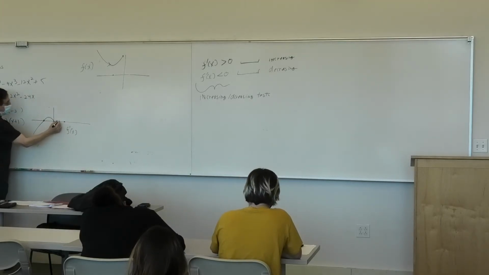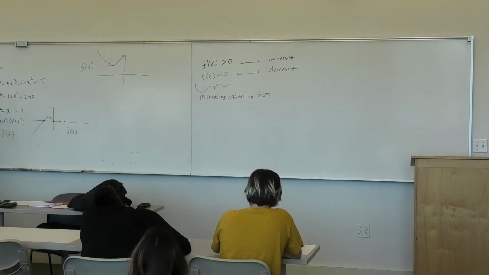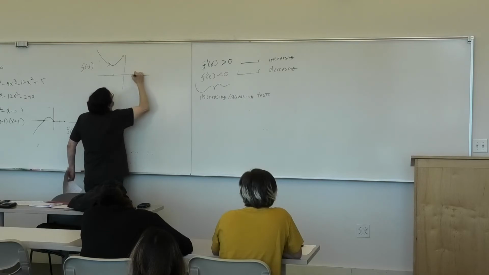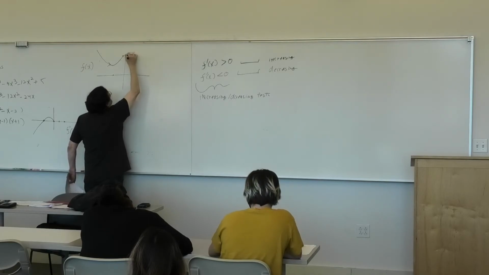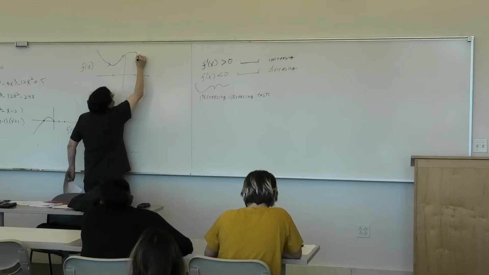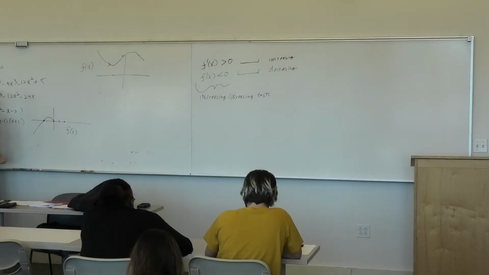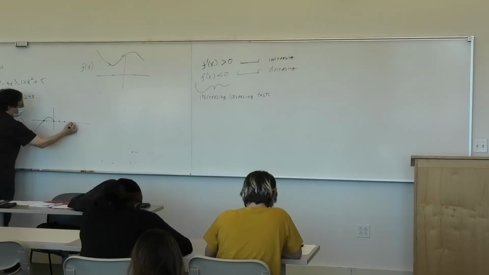Now we want to look at over here at 1/2. Well, very quickly, positive, positive, negative. So at 1, it's going to start decreasing again. And then we can ask, well, what happens way out here?